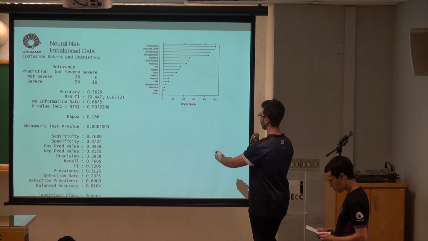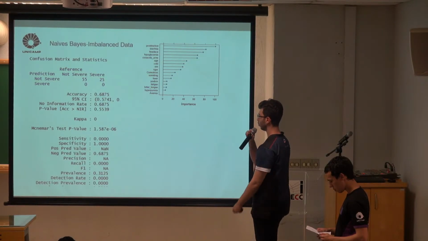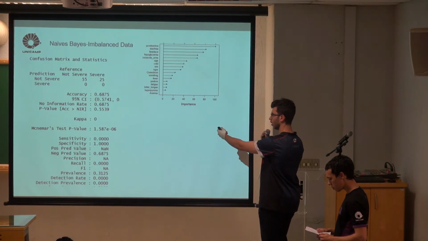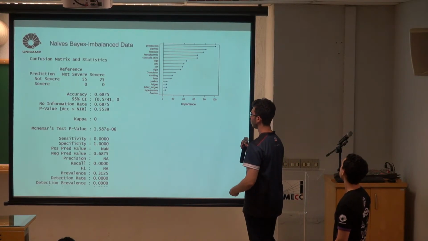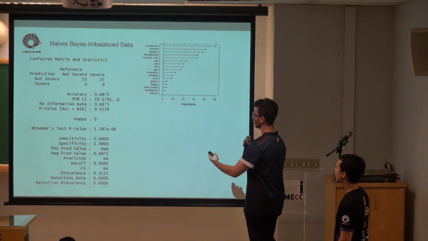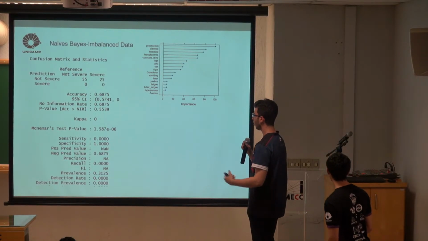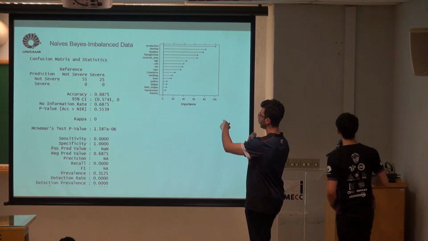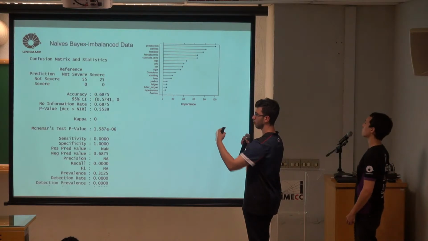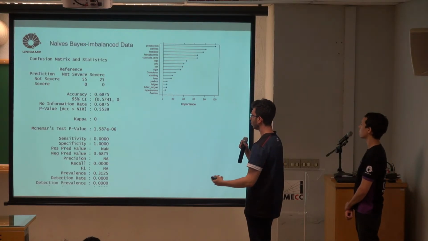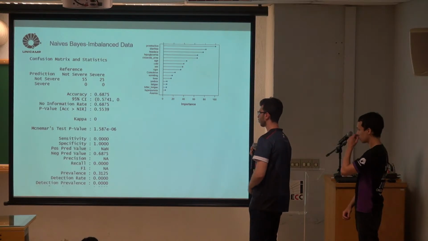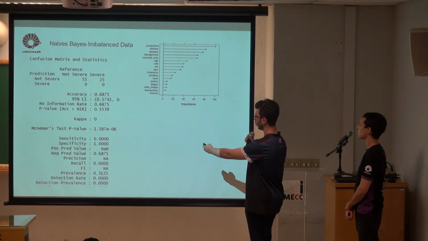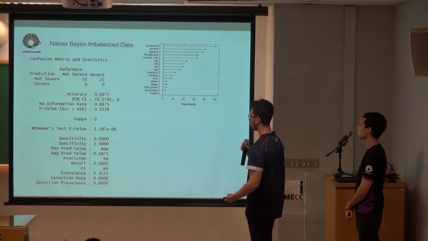So, yeah, the next one was Naive Bayes. That was kind of our worst model in imbalanced data, because it showed 55 not severe, true negatives, but in fact 25 severe cases in the model that it predicts as not severe, so it means false negatives. It showed a kappa of 0 and accuracy of 68%.